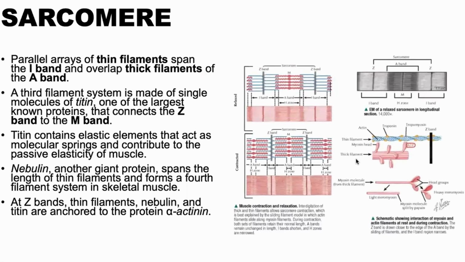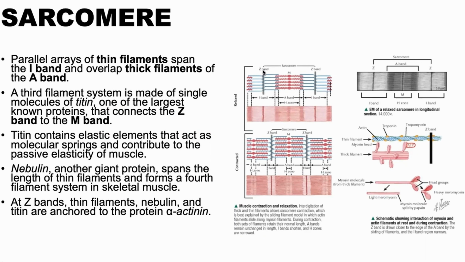All right, so this is a more detailed diagram of the sarcomere itself. There are parallel arrays of thin filament that span the I band. I think I have this picture a bit bigger. So you have parallel arrays of thin filament that form the I band. If you look here, between here and here, you have the I band.